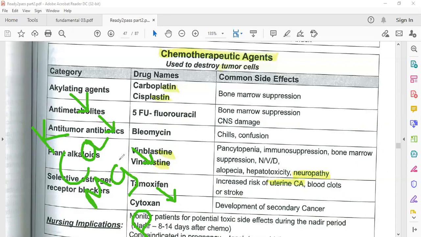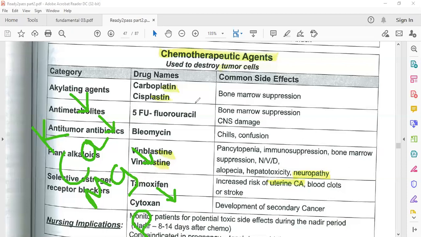You monitor the electrolytes, and fluid intake is very important. Fluid intake needs to be 2 to 3 liters per day. So we make sure if your patient takes cisplatin or carboplatin, we give them enough fluid to keep a balance of electrolytes, and check the electrolyte levels, right?